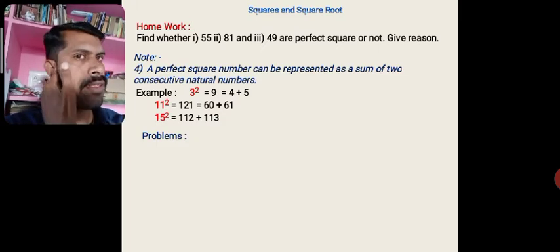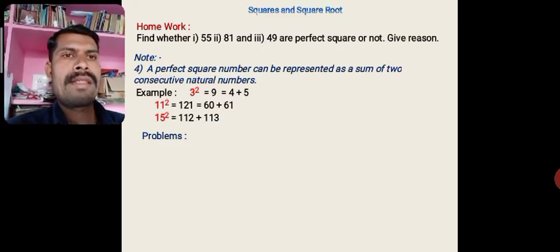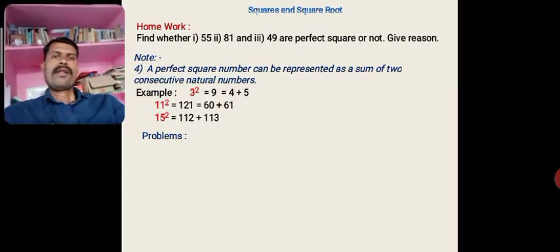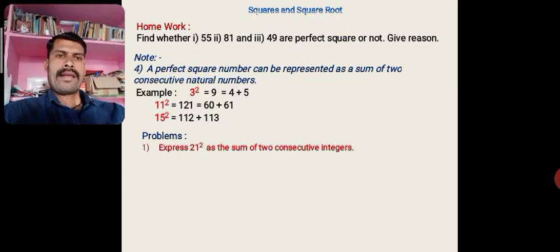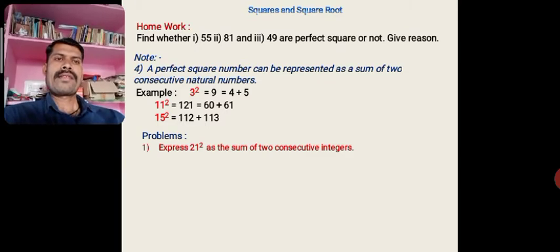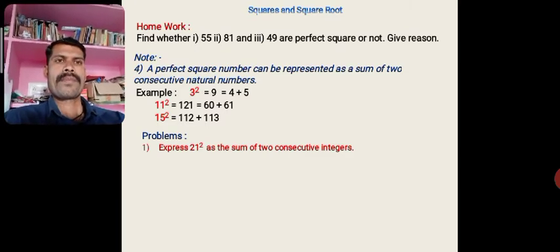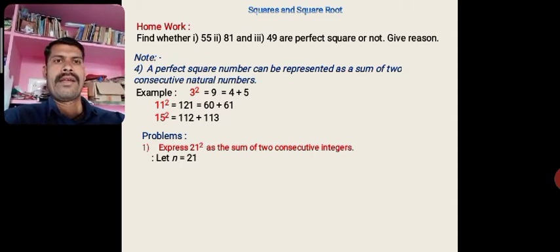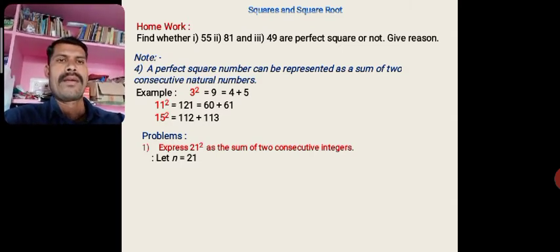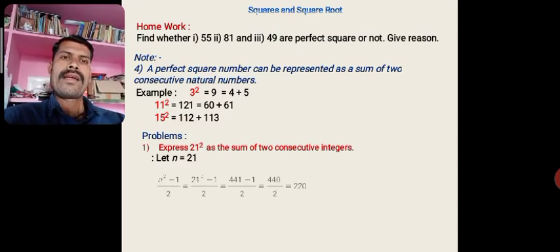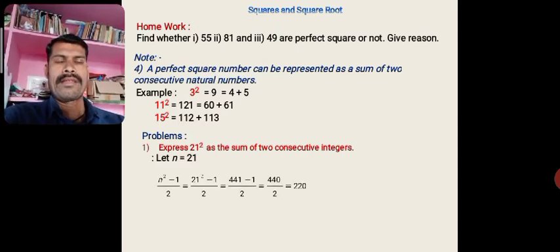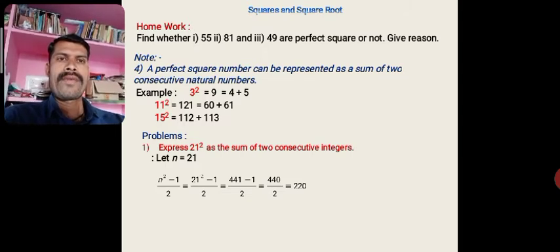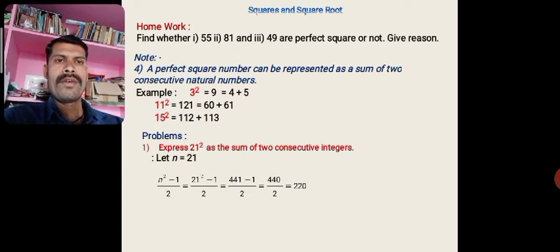Let us verify this rule by taking some examples or problems here. Let us express 21 as a sum of two consecutive integers. Let me take n as 21. That is the given number. As the rule says, the first number is of the form (n square minus 1) by 2. That is (21 square minus 1) by 2.